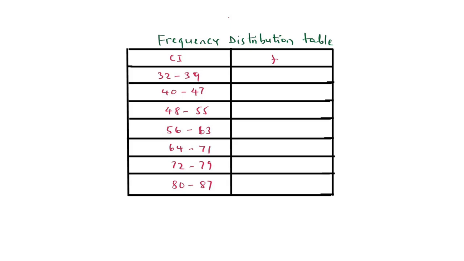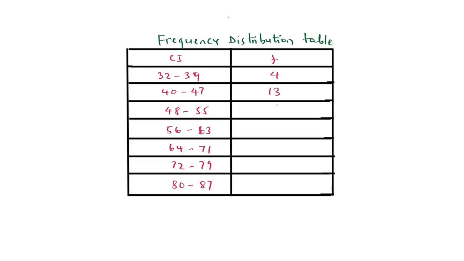Okay, so now let us finalize our table by filling in the frequencies. We are just going to count the data in order to assign the frequency for each class. For the first class, counting the values which fall within this class, the number is 4. The next frequency is 13.